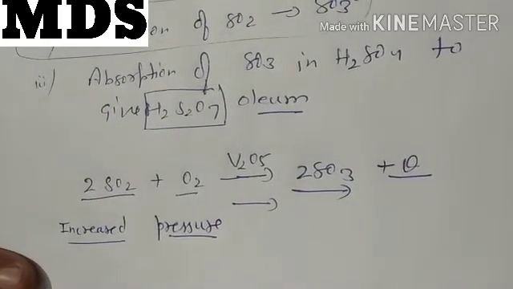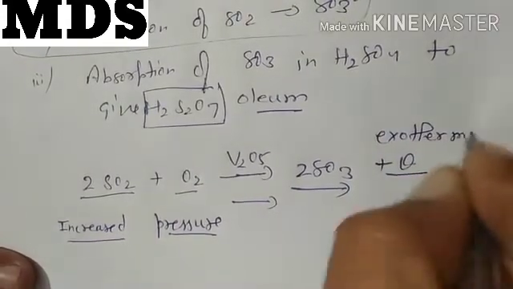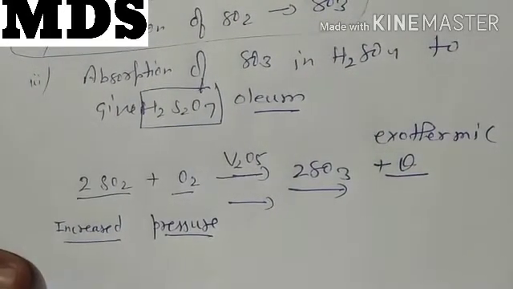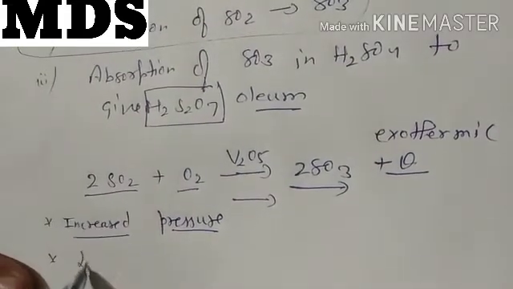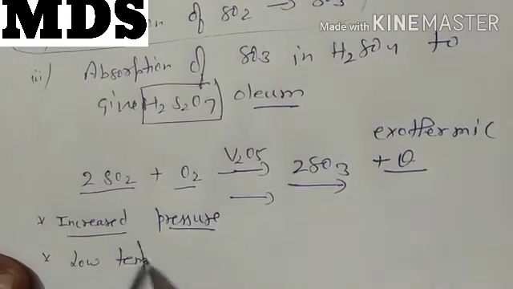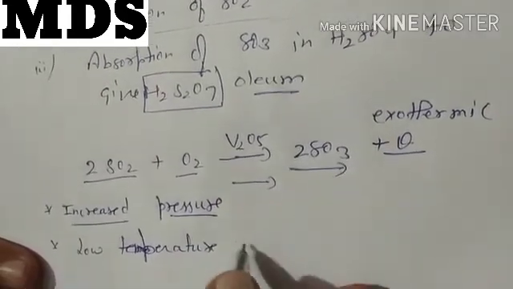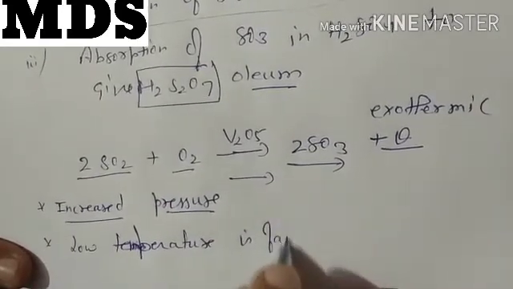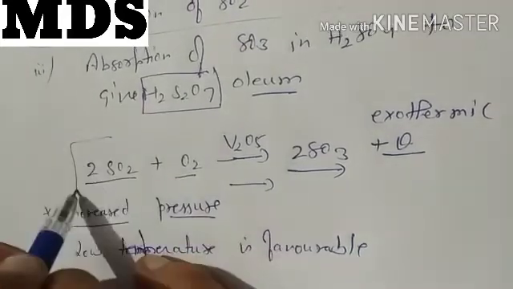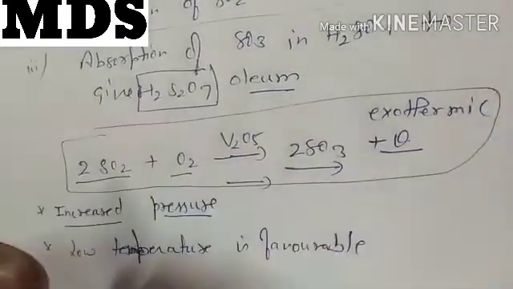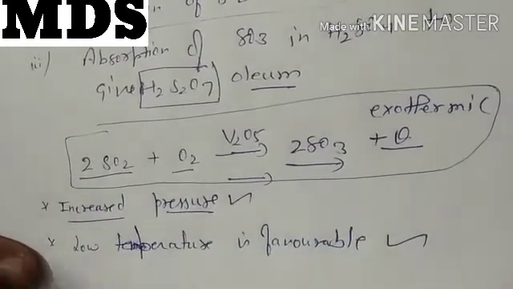That means this reaction is exothermic, which proves that low temperature is favorable for this reaction. So to convert sulfur dioxide to sulfur trioxide, two conditions are basic: increased pressure and low temperature.